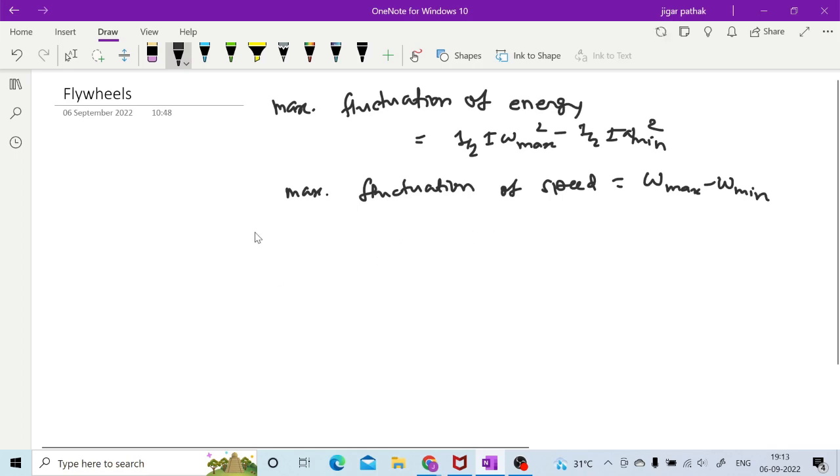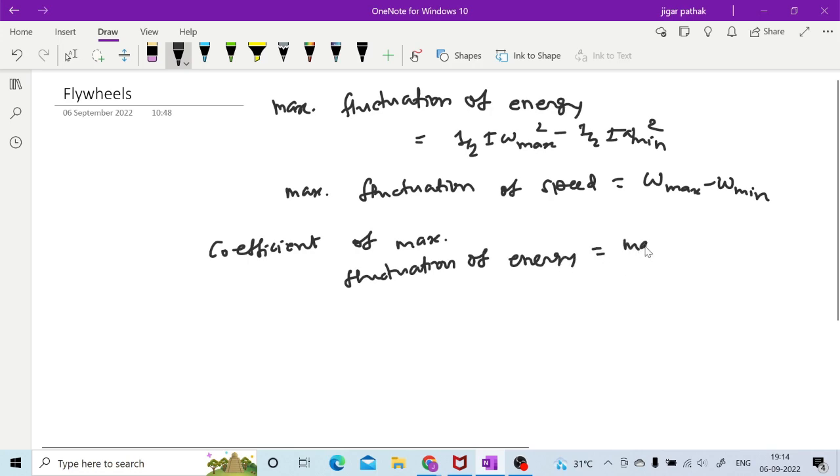Similarly, you can have the coefficient of maximum fluctuation of energy, which is given by the maximum fluctuation of energy divided by work done, right?